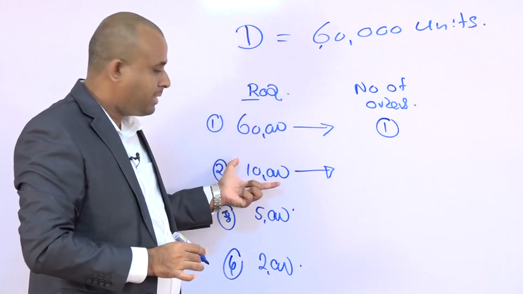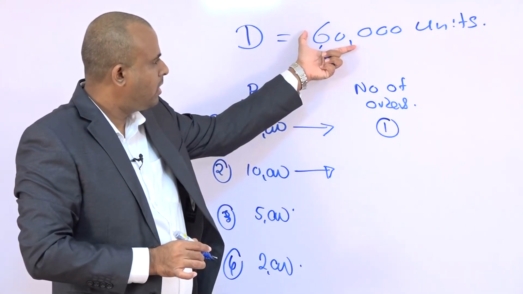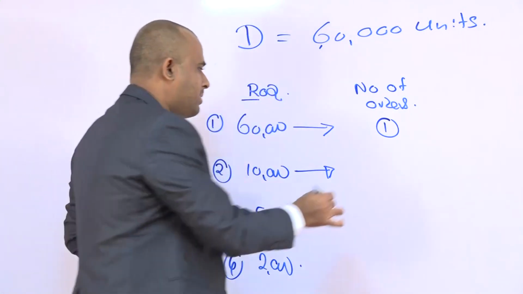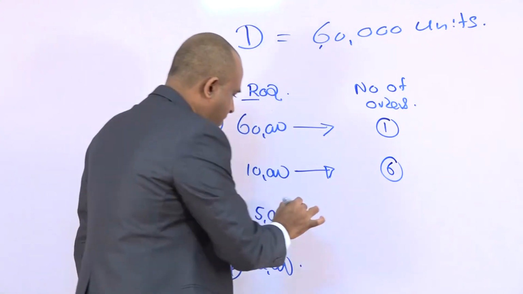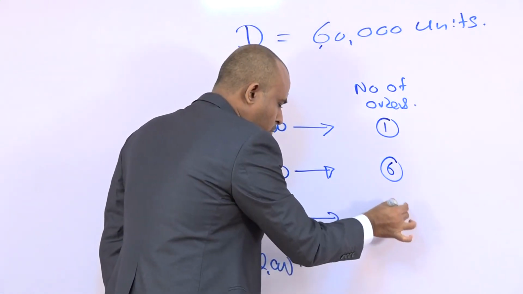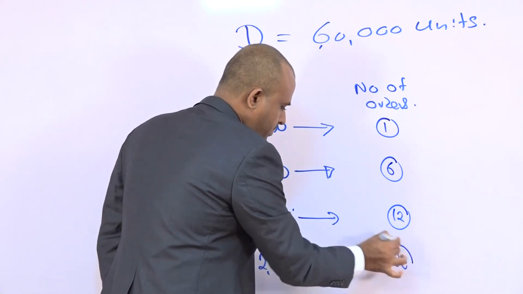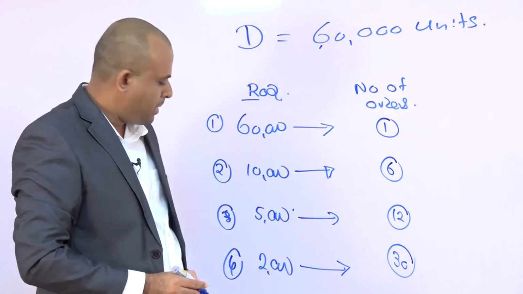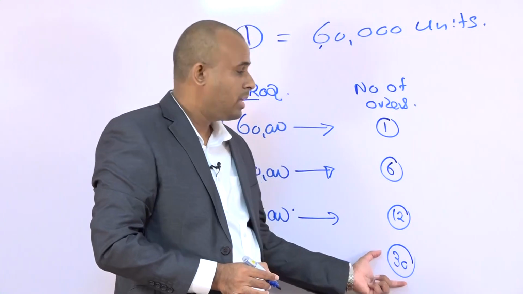If you purchase 10,000 units at once, you need to place 6 orders. For 5,000, you need to place 12 orders. If you purchase 2,000 units, you need to place 30 orders.